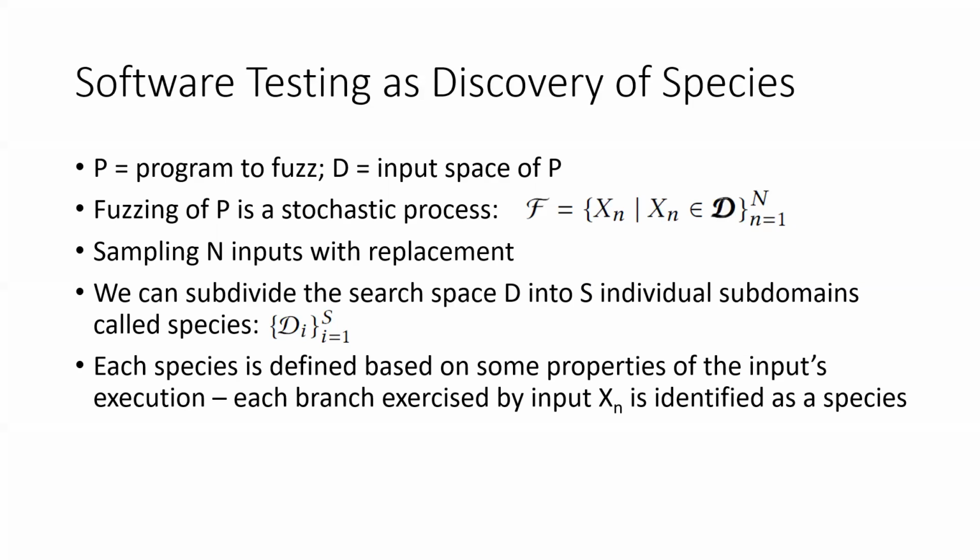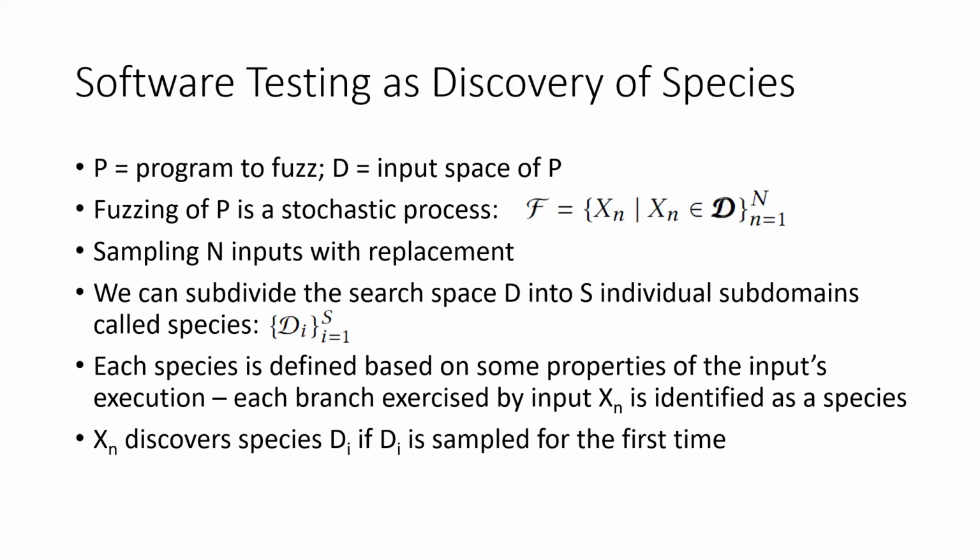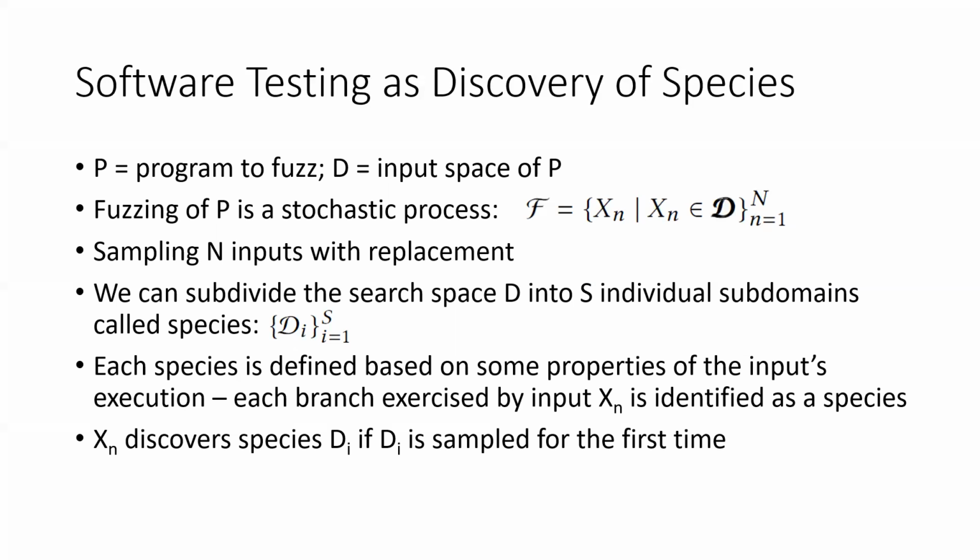So each branch exercised by an input xn is identified as a species. If an input xn discovers a species di, this is only the case if di is sampled for the first time.